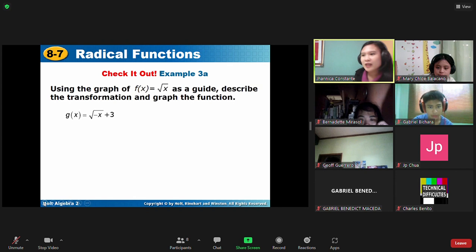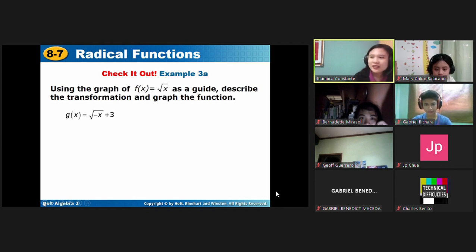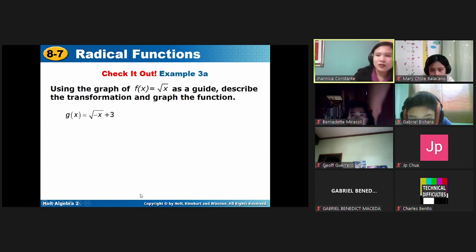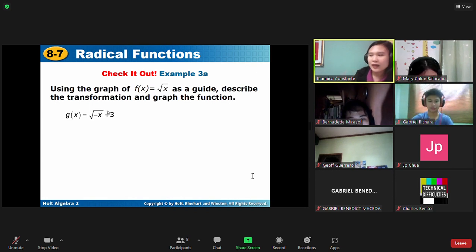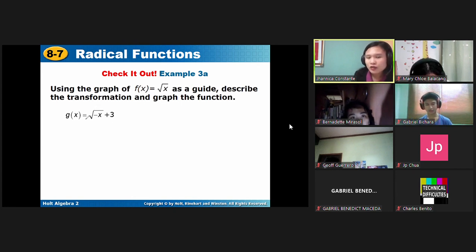For example, we have the radical function g of x equals the square root of negative x plus 3. So that is the radical function that we have. Since we don't have a, we no need to describe the transformation that happened to a.